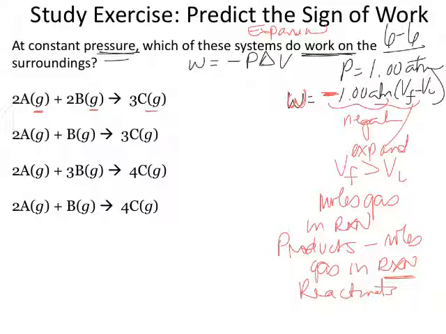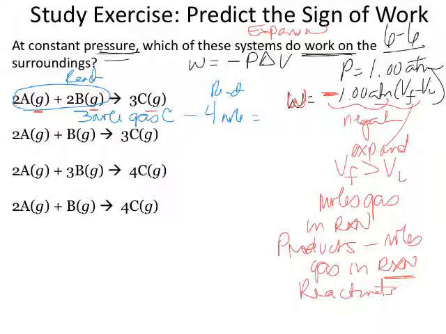So basically we're going to do 3 moles of gas C minus how many moles do we have on our reactant side? 4 moles. What's 3 minus 4? It's a negative 1. What's a negative 1 times a negative 1.00 atmosphere?